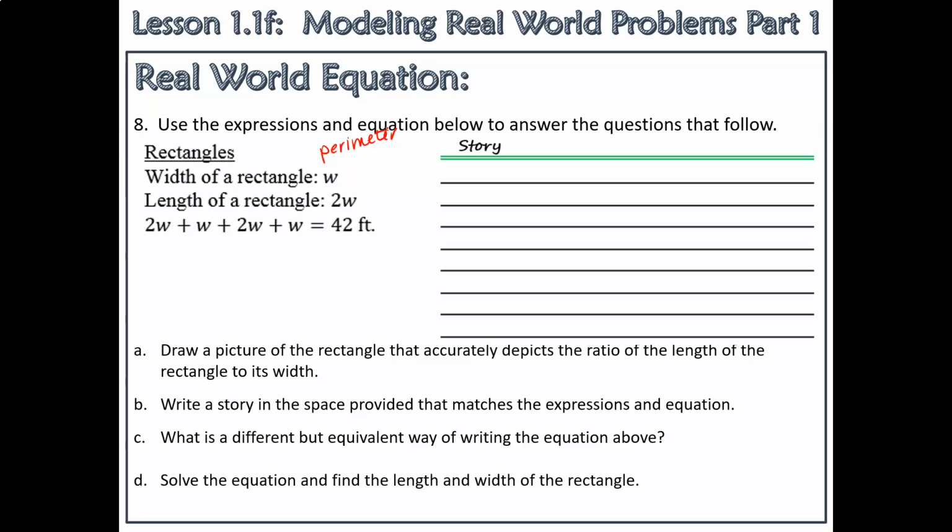So let's write our story. The length of a rectangle is twice, or 2 times, the width. The perimeter of the rectangle is 42 feet.